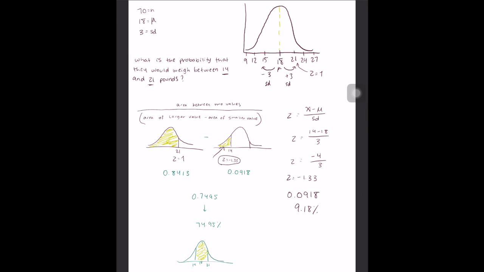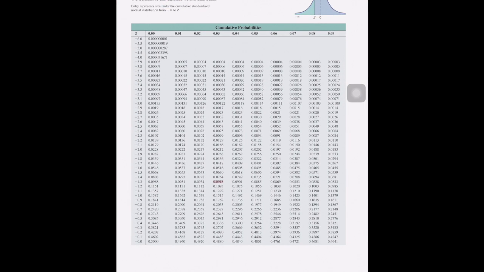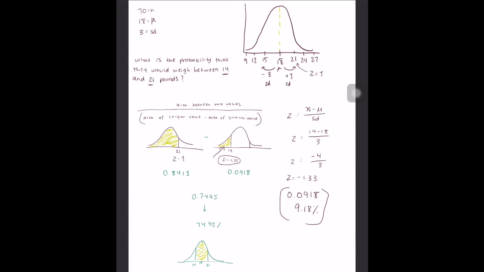We can again find this value, which I wrote here on the z table, and I highlighted that as the third column and the row that represents negative 1.3. This is page 640. And this is showing the probability that you'll find a puppy weight below 14.